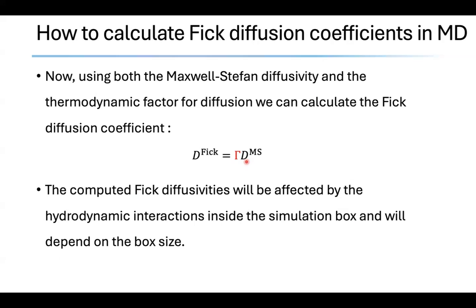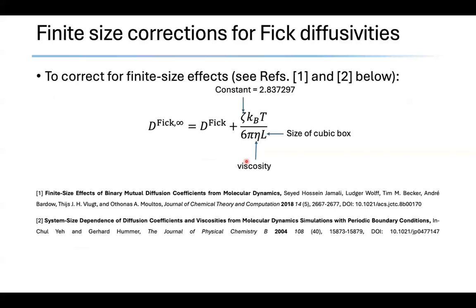The reason for this is the hydrodynamic interactions which affect the way molecules move inside a simulation box. Thus, one needs to always correct the Fick diffusivities computed from MD simulations for these finite size effects.